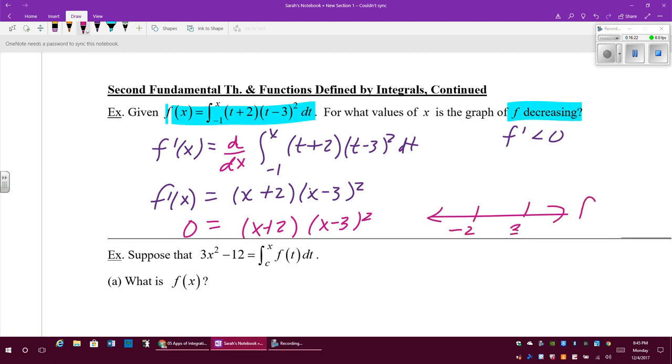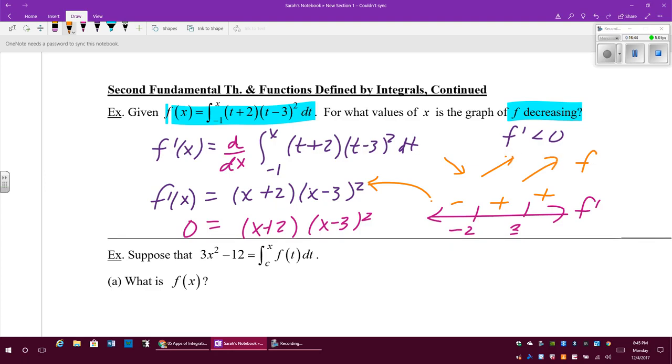Make sure you label your number line. We're going to check some points and find out that it should be negative, positive, and positive, because I'm plugging these into the derivative. Well, what does that tell me about f? That means that f is going to decrease, then increase, and then increase.